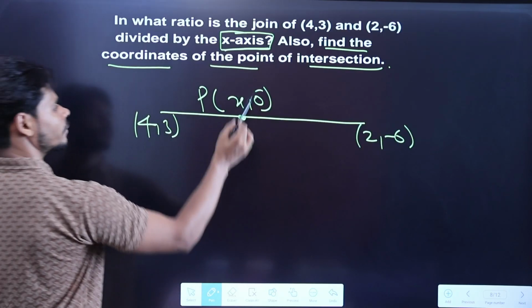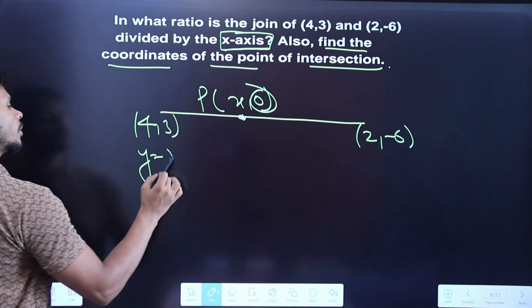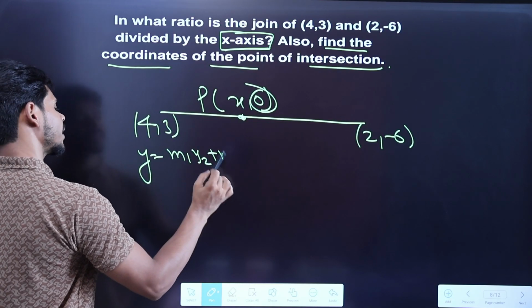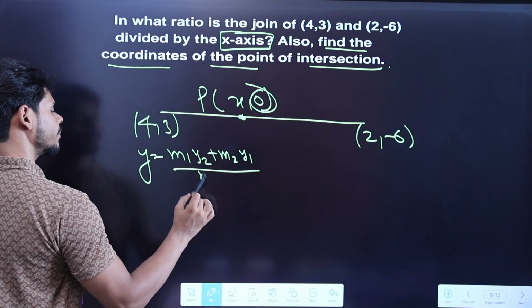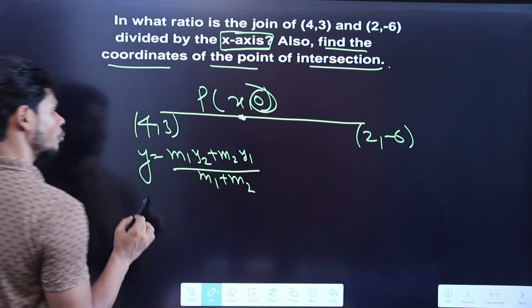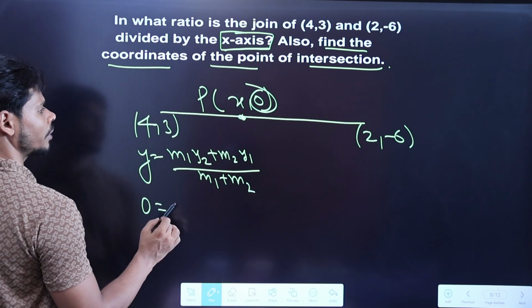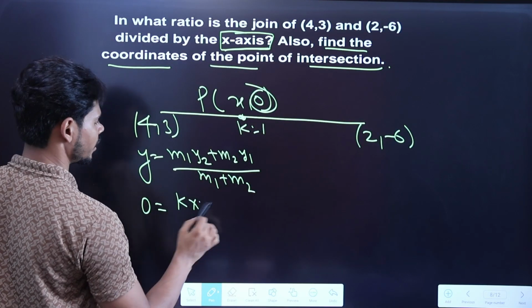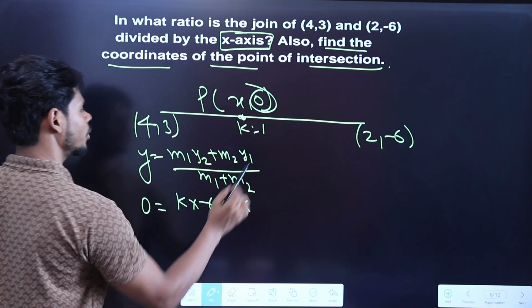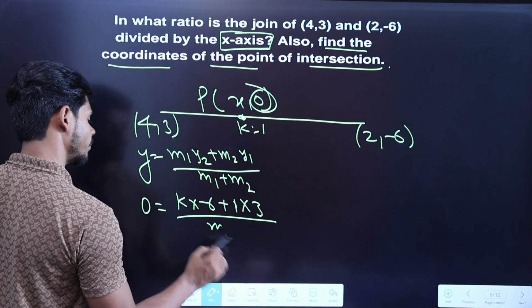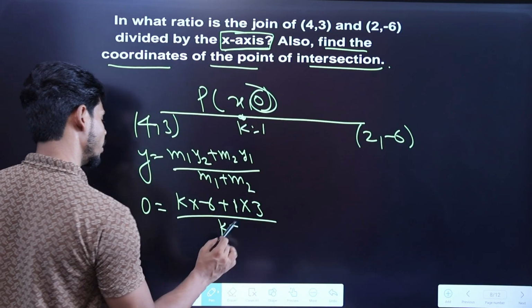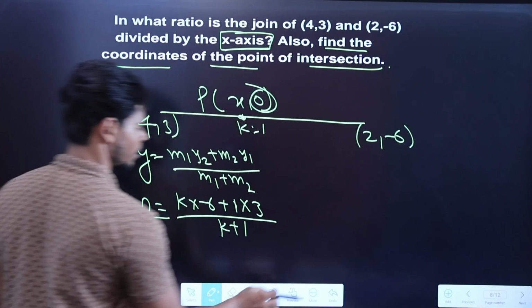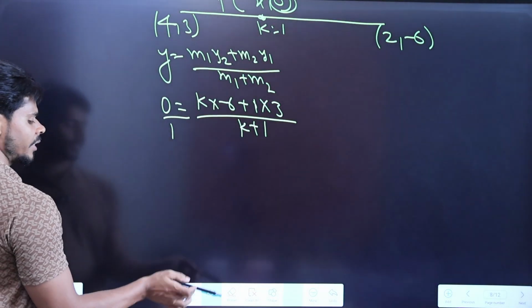Because we know the value of y, we are going to use the formula for y, m1 y2 plus m2 y1 divided by m1 plus m2. So y is nothing but 0 is equal to m1, the ratio is k:1, so it will become k, y2 is -6, then plus m2 is 1 into y1 is 3, whole divided by m1 plus m2, which means k plus 1.